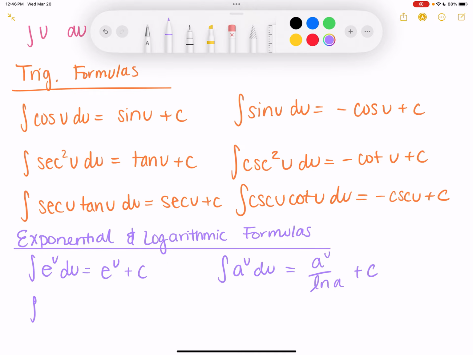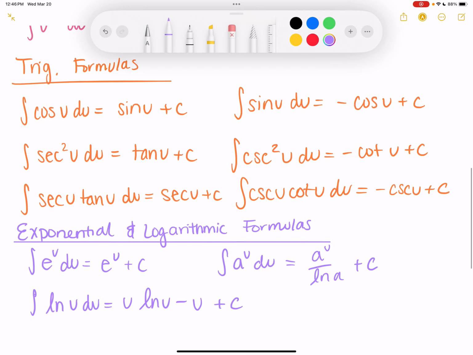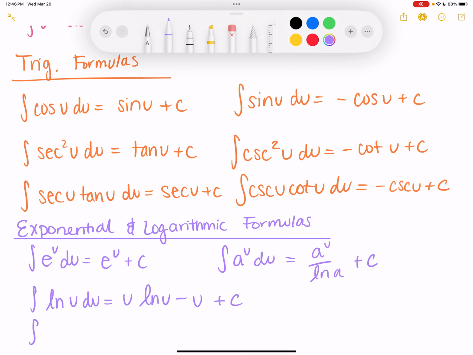Then the integral of the ln of u du is equal to u ln of u minus u plus c. And then the last one, integral signs are getting worse progressively.